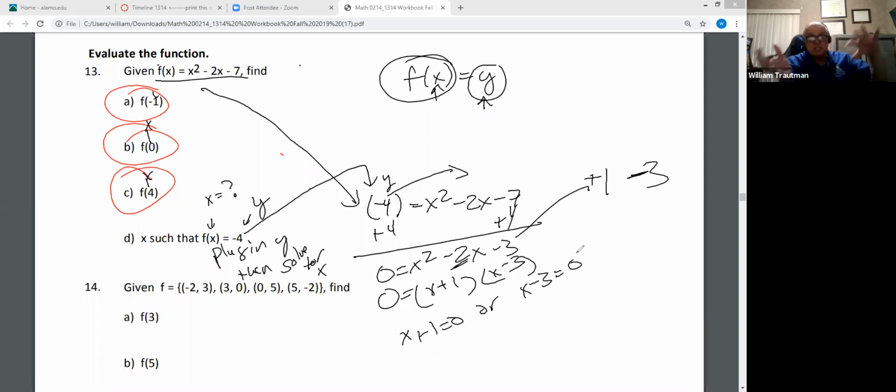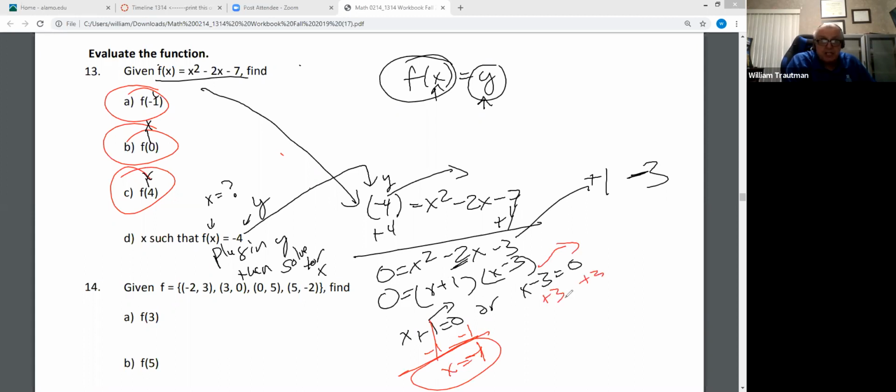We've done this on previous tests, or even on this test coming up. Then get the 1 to the other side by subtracting 1 from both sides, and x equals negative 1. That's one answer. Get the 3 to the other side by adding 3, and x equals 3.